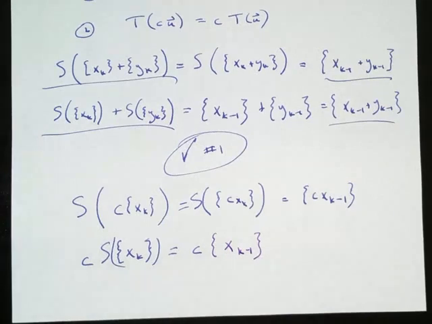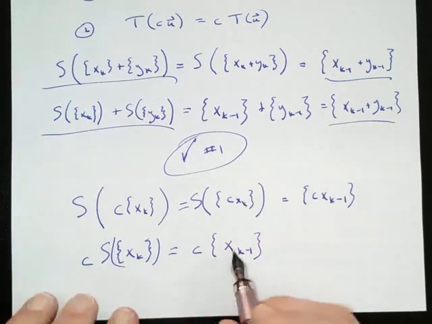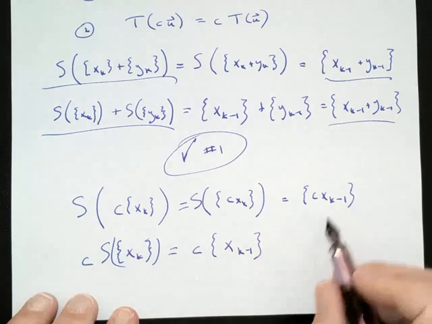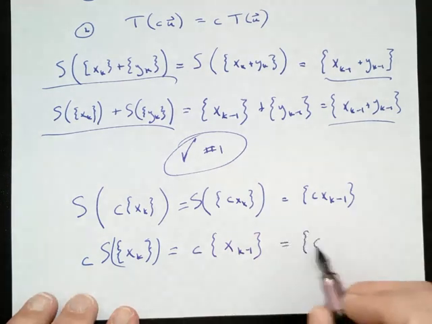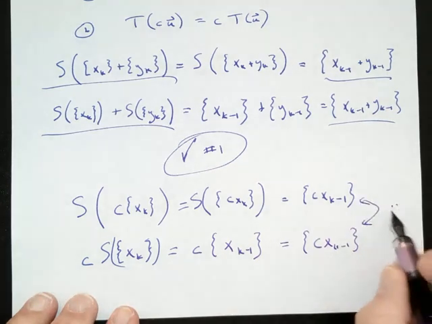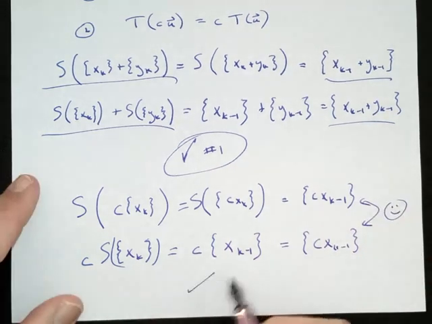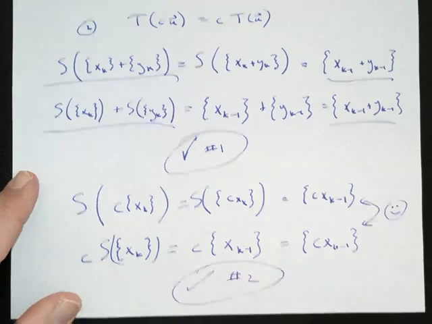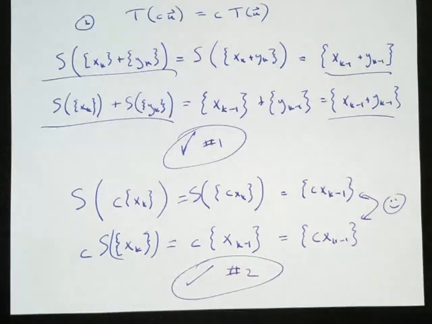That's what our shift does. And then I take this c and I multiply it in and I get that, don't I? And that's check number 2. This is a linear transformation.